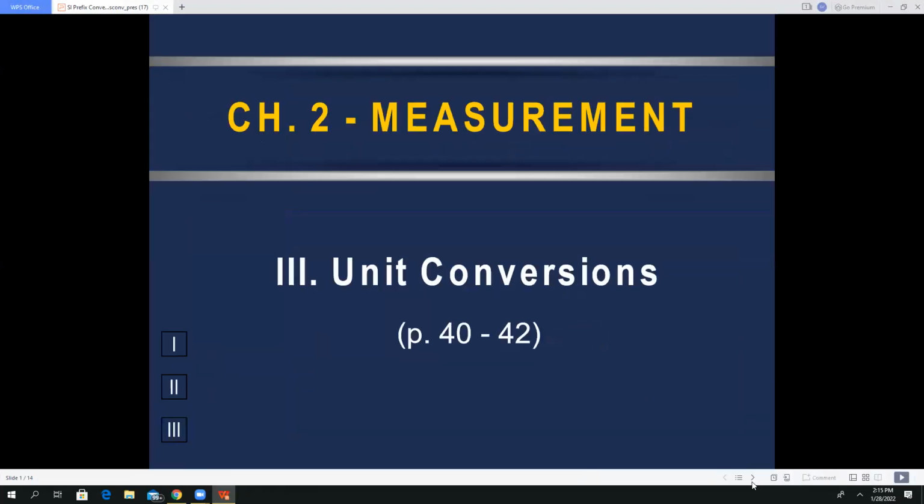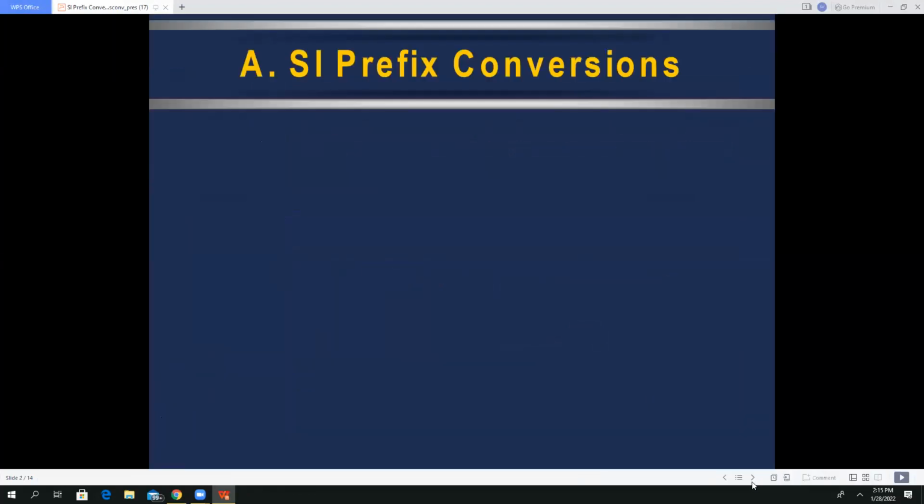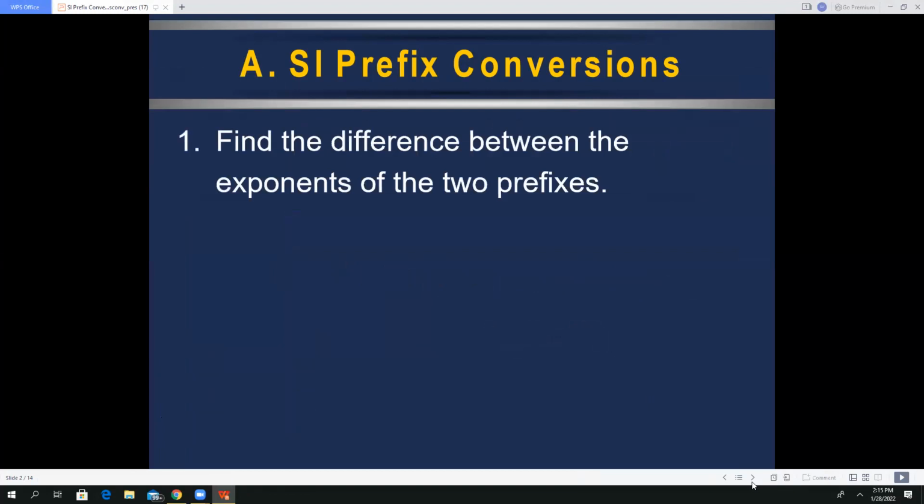Right. So in order to convert, it's very easy. You have two methods of doing it, and I'm going to show you a third one that I like better. I created this one, sort of. Okay, so you find the difference between the exponents of the two prefixes. The only problem is a lot of people have problems when it's negatives and positives, and they don't know whether to keep adding or subtract.